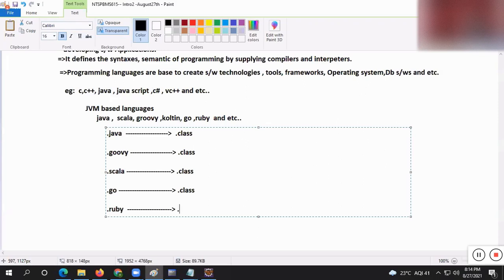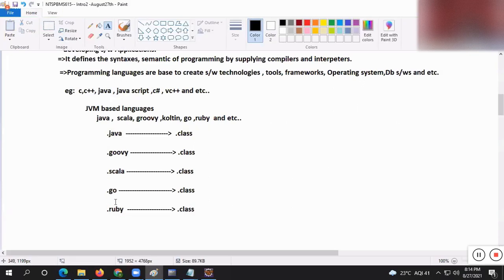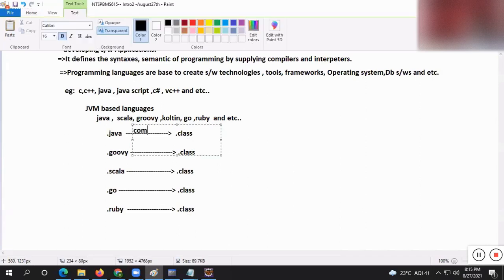After compilation, you will get a .class file. Here the code may be different, syntaxes may be different, structure may be different. Are you getting my point? Okay, the compiler is also different. But the .class file that you get is the same, boss. The .class file that you get simply has bytecode instructions, and a single JVM can execute all the .class files. There is no need of separate JVMs, boss.